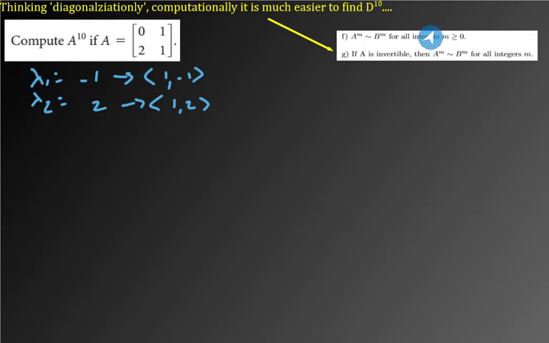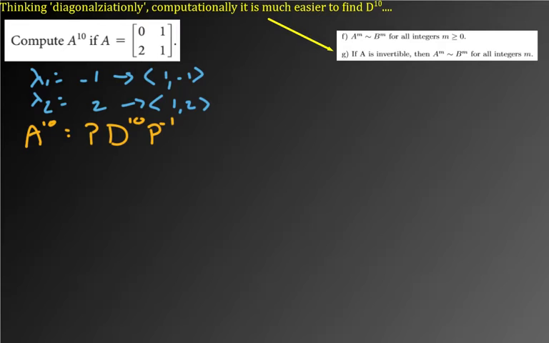I'm basically just using this: if A is similar to a diagonal matrix D, then powers are also similar, right? So what this means is that A to the 10th is going to equal P D to the 10th times P inverse.